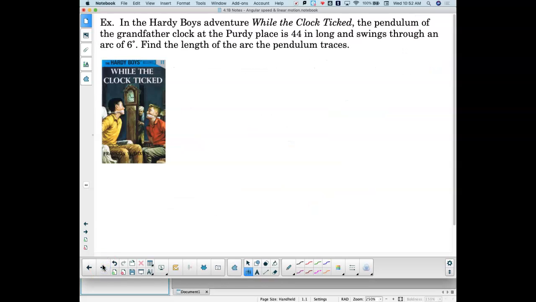In the Hardy Boys adventure, while the clock ticked, the pendulum of a grandfather clock at the Purdy place is 44 inches long, and it swings through an arc of 6 degrees. Find the length of the arc the pendulum traces. Well, for those of you that don't know, a grandfather clock looks kind of like this, and then it swings over to here.